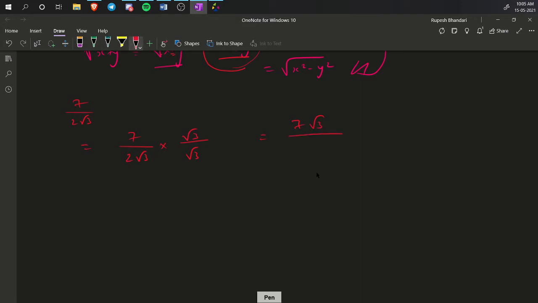So what will happen over here? 7 under root 3, and then 2 into 3, why am I writing 3 over here? Because under root 3 into under root 3 will be 3, right? So 7 under root 3 divided by 6. That's pretty much it.